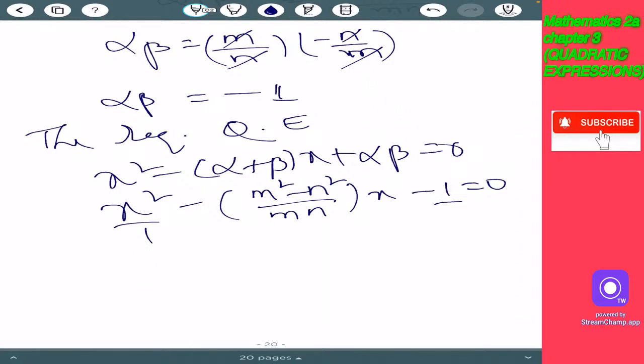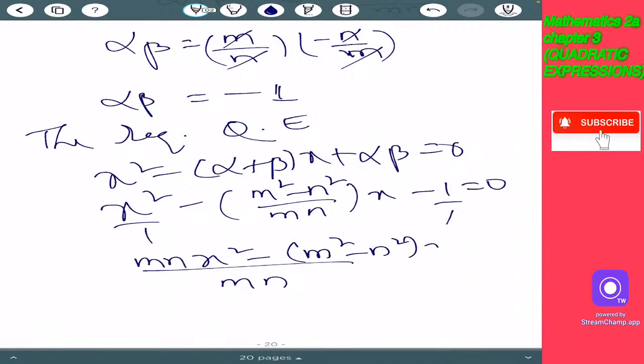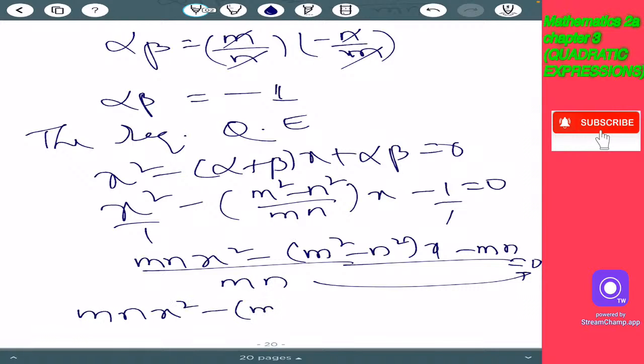Mn is the LCM. You'll get mn x square minus (m square minus n square) into x minus mn is equal to 0, as the denominator is taken to the other side. This is your required equation. Is it clear here? This is your required equation.